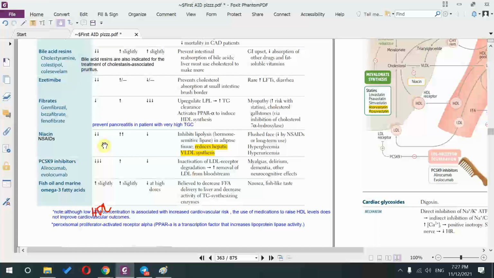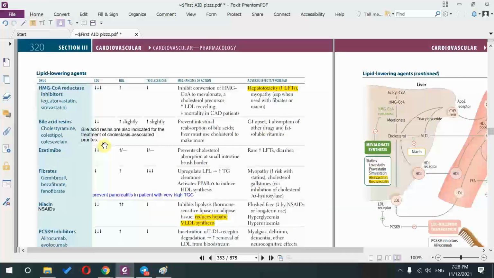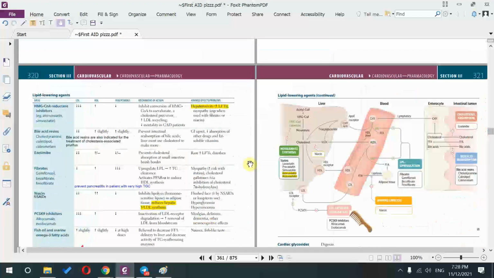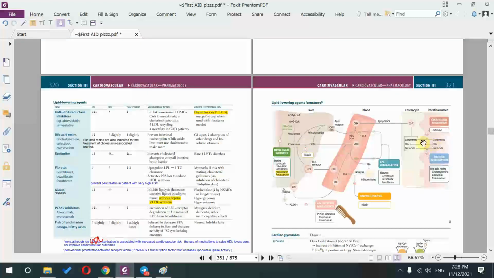Microcytic, exactly, that's how we differentiate it. Okay, if we speak about Ezetimibe, it decreases the absorption from where? As we said, from the cholesterol from the small intestine.